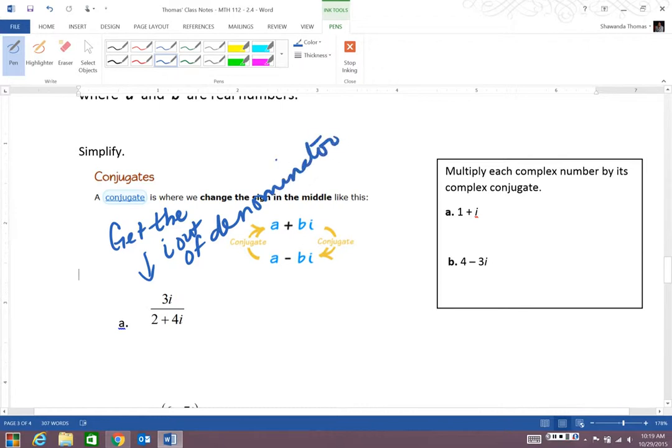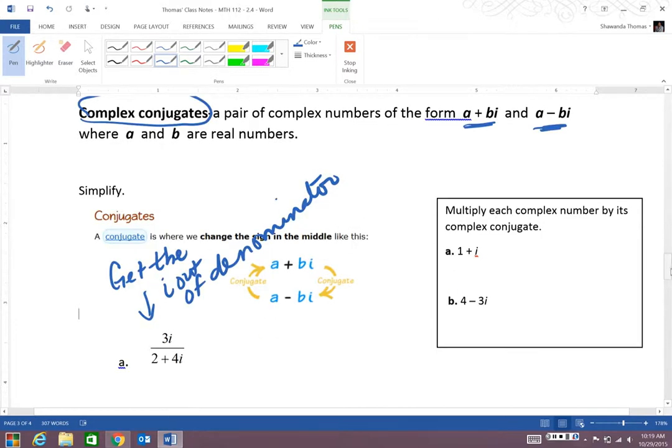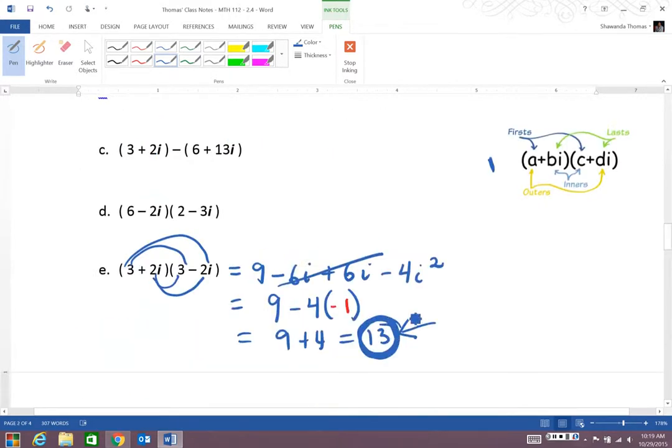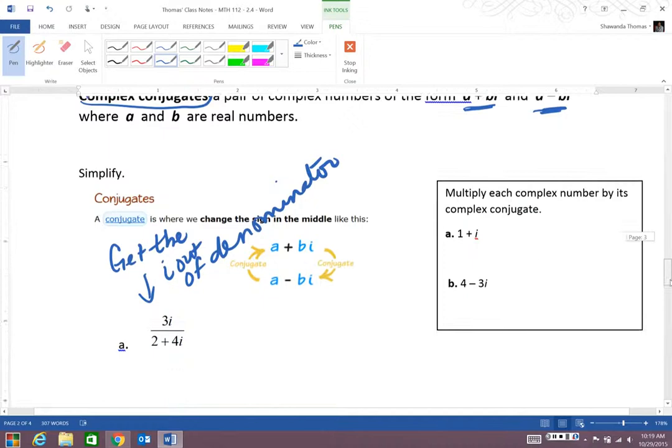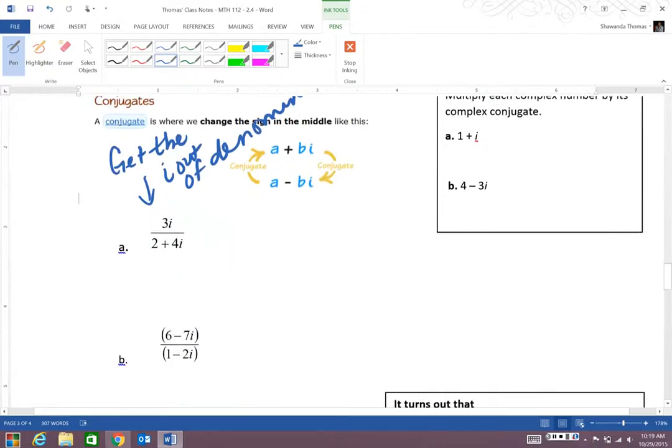Well, you can just multiply numerator and denominator by the conjugate of 2 plus 4i, because when we multiply conjugates together, notice that we get a plain real number, no imaginary part, therefore no i. So first of all, figure out what the conjugate of 2 plus 4i is. The conjugate is 2 minus 4i. Whatever you decide the conjugate is here, you keep it. You have to write the same thing here.